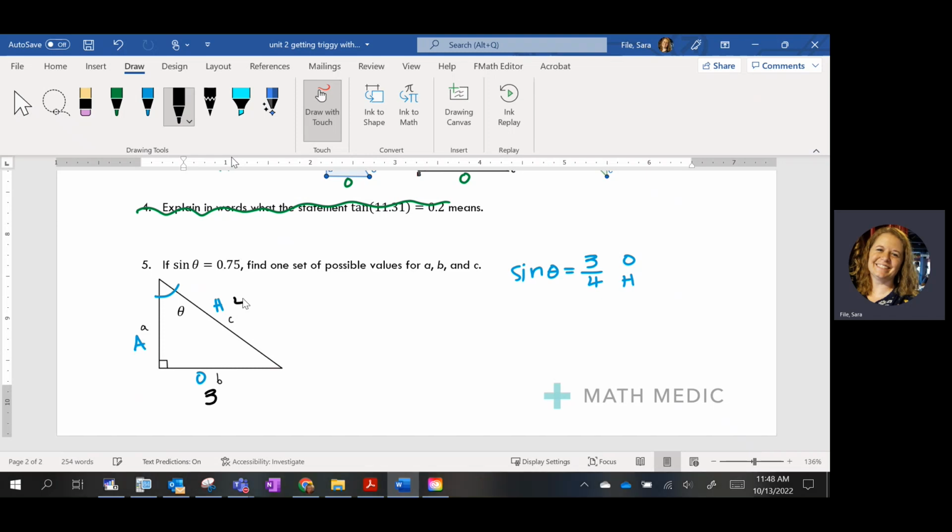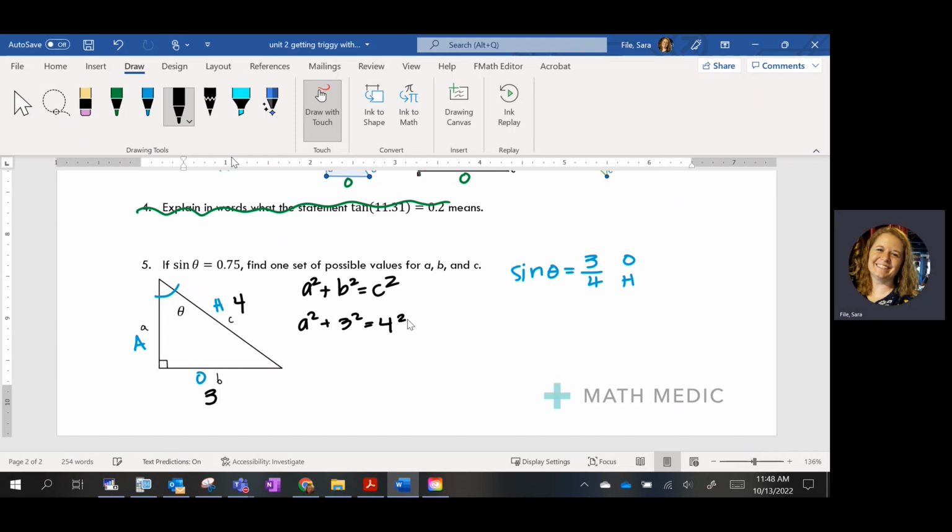How could you find the third side if you know two sides of a right triangle? Pythagorean theorem. So you could do a squared plus b squared equals c squared. Remember, c is always the hypotenuse. So that means I would have a squared plus 3 squared equals 4 squared.